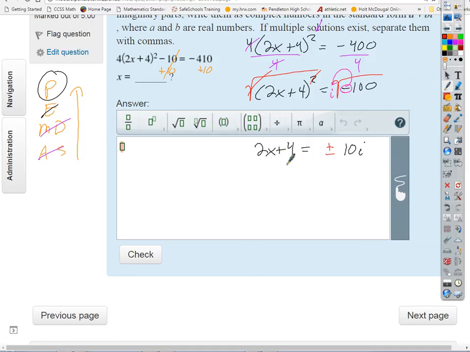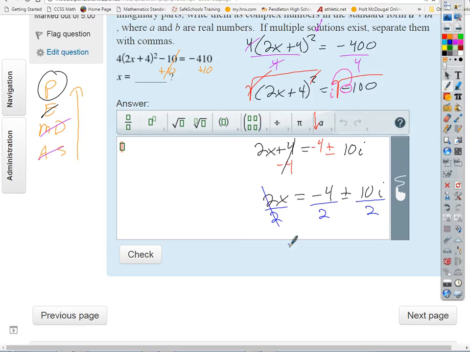So if we subtract 4, I'll put the negative 4 in front of the plus or minus. So then I get 2x equals negative 4 plus or minus 10i, and then I'll divide each side through by 2, so I'll just divide every term on the right by 2.